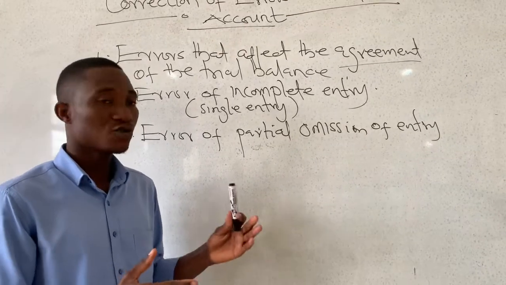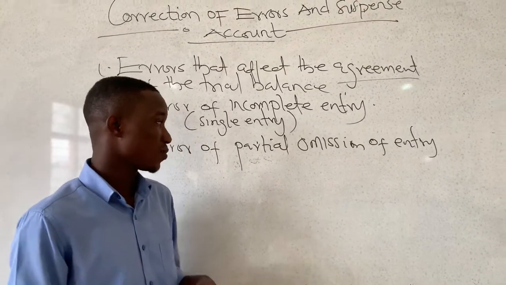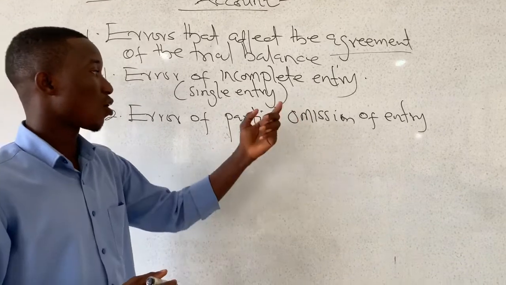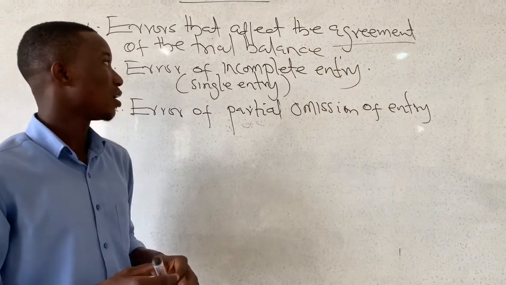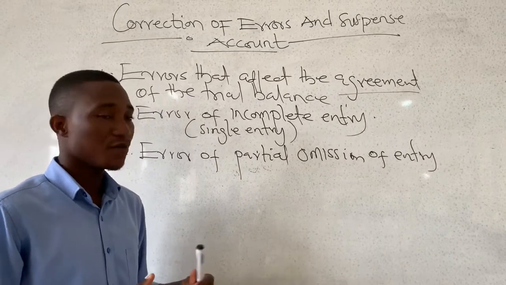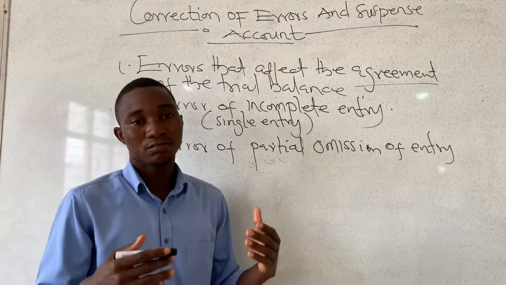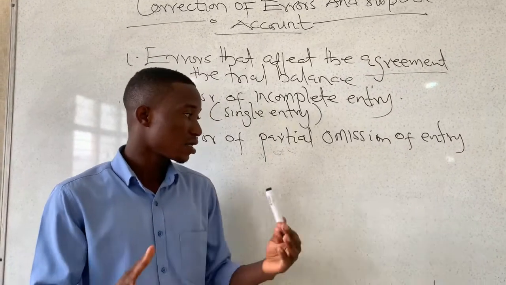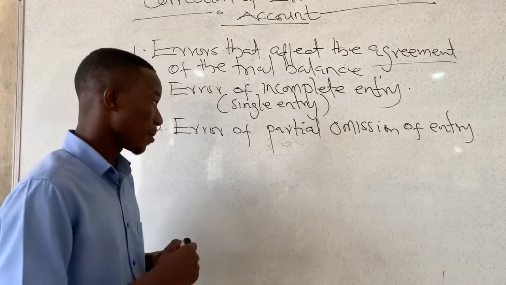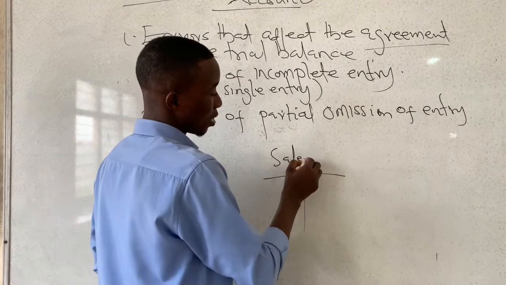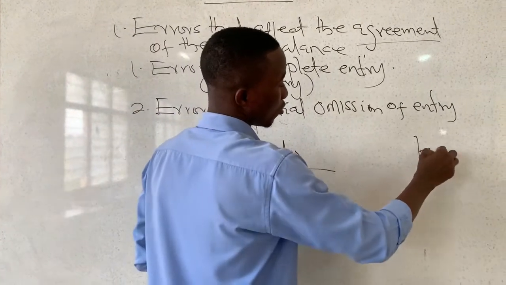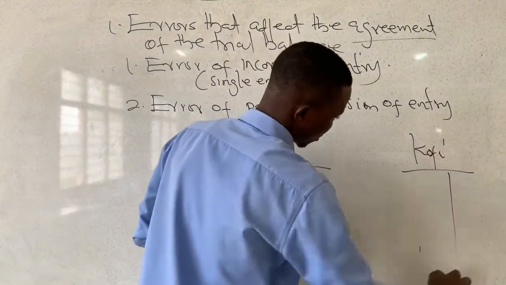So let me stick to my example again to actually explain this. The correction of this error is the same as how we correct an incomplete entry. So let's say, let me stick to my example by saying that sales to Kofi, $100. Okay, so we all know that still we open our sales account, we still open Kofi's account.